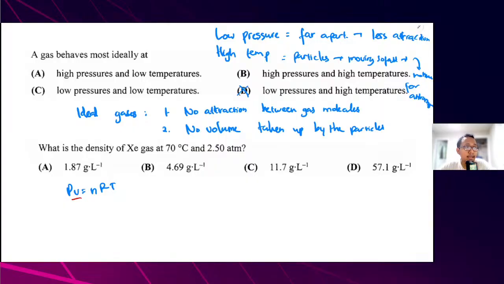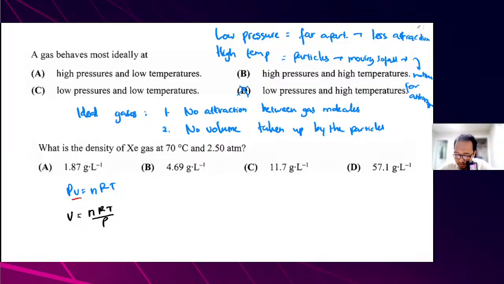So now just rearrange this part, V = nRT/P.